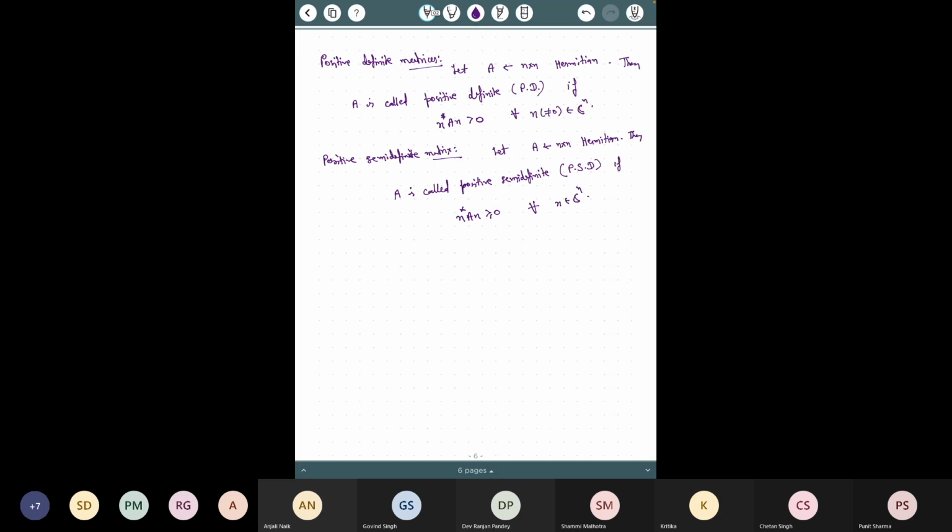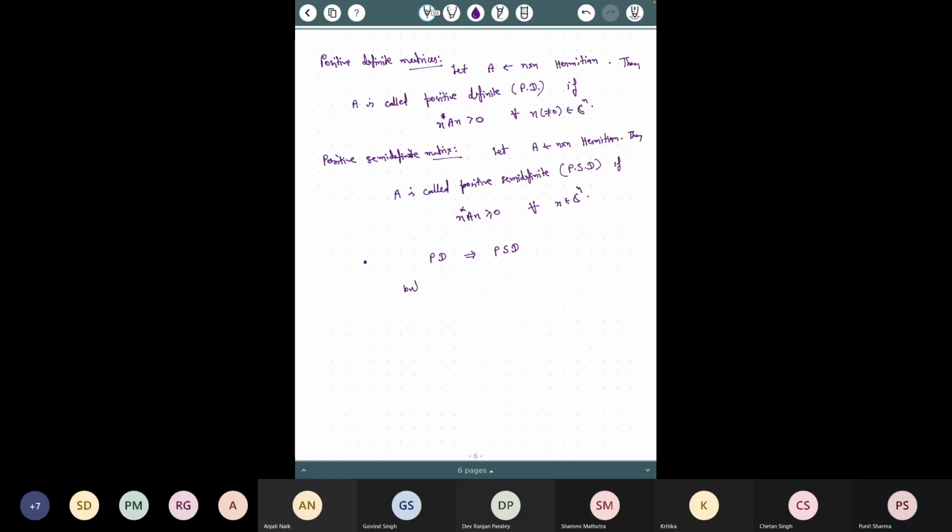Now clearly, positive definite implies A is positive semi-definite. If A is positive definite, then by definition A is also positive semi-definite. It is clear from the definition.